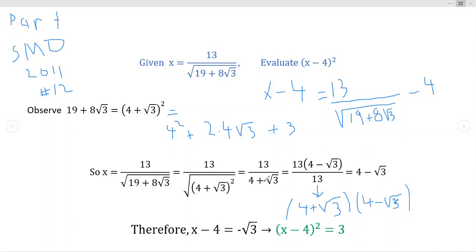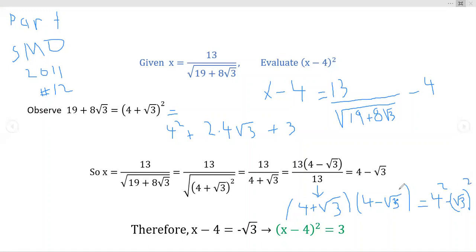Then 4 plus root 3 times 4 minus root 3, difference of 2 squares, gives you 4 squared minus the square root of 3 squared. There we go, folks.